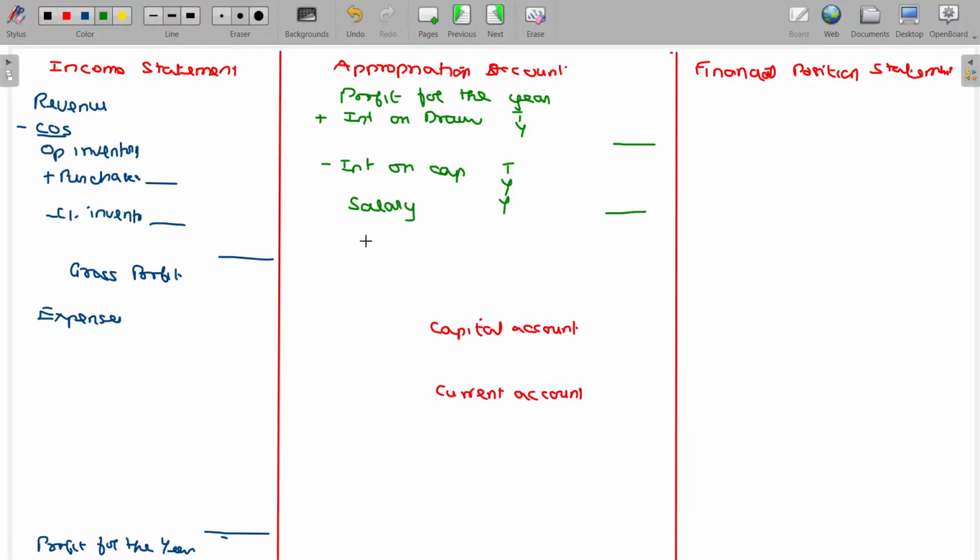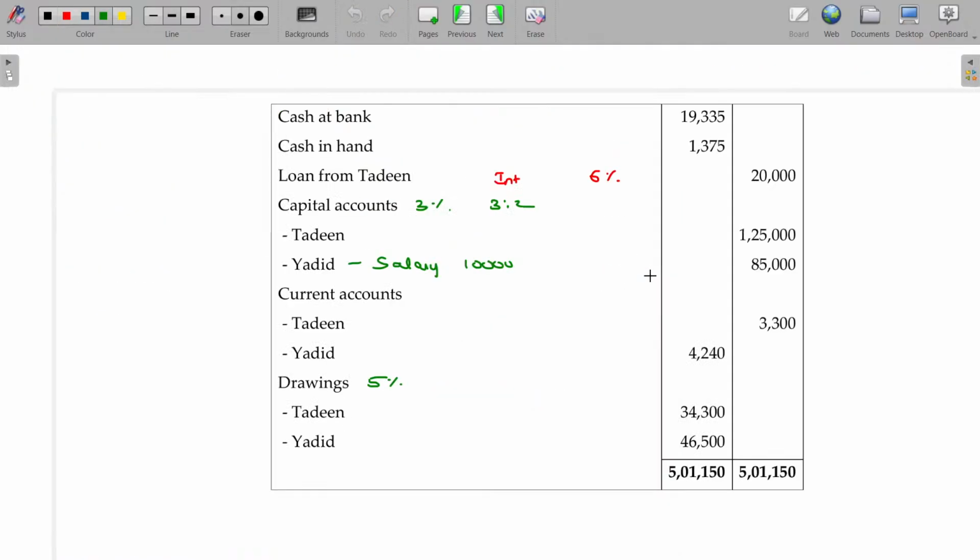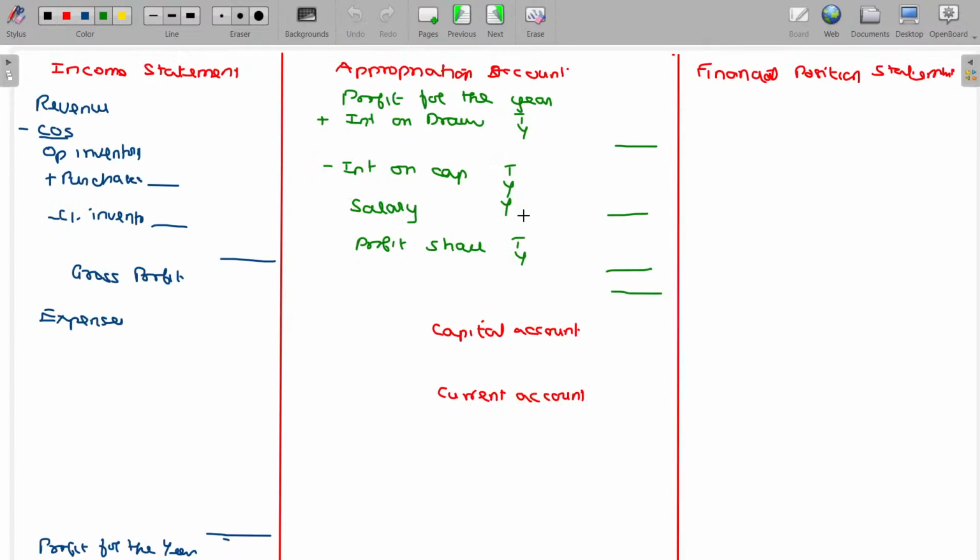If you subtract, then this will be profit share between T and Y. Profit share should be in the ratio of 3:2.